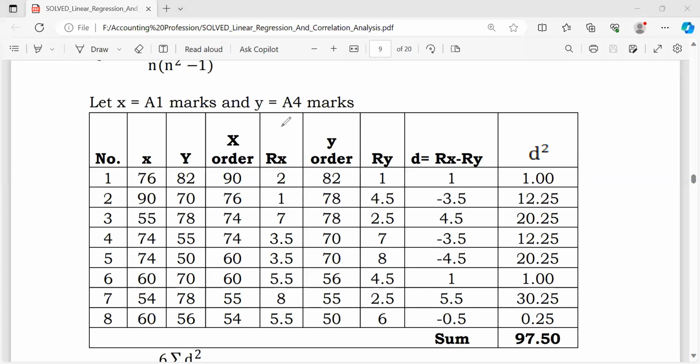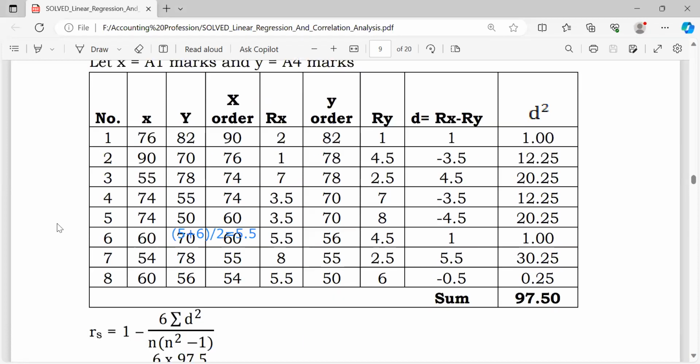I hope you got what I was trying to explain here. So that's what I wanted you to understand. All right, I hope that we can proceed.